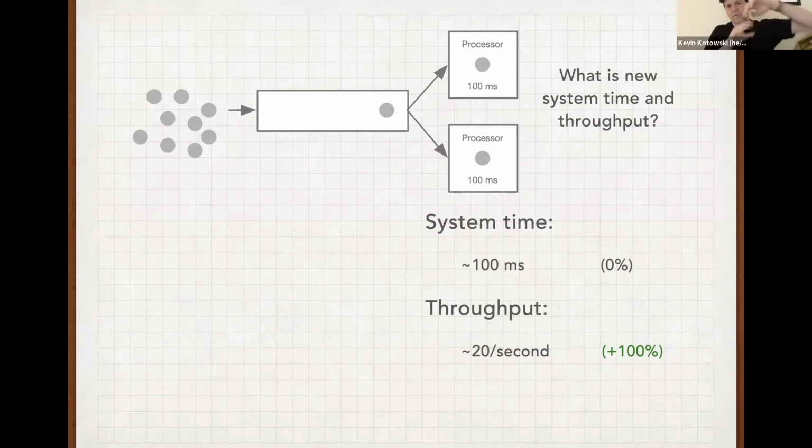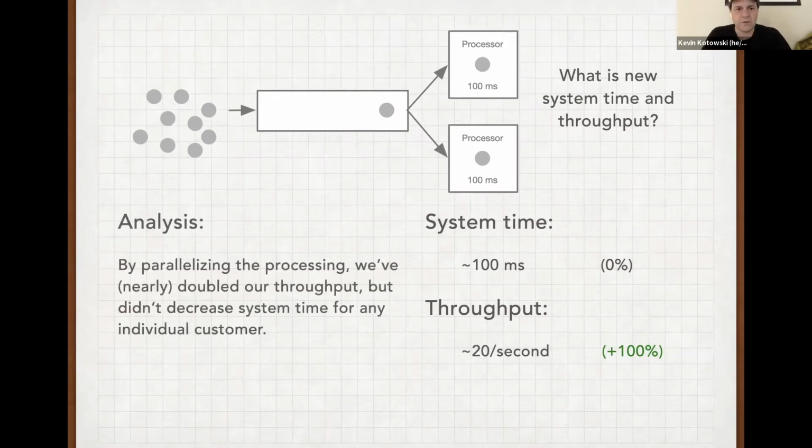And then the throughput, because we've got two processors, and we're going to say that the folks are coming in at the pace that we can support, we have a maximum throughput of 20 per second, because every 100 milliseconds, we're going to process two customers. So 1,000 milliseconds in a second, 20 per second, okay? So by parallelizing the processing, we basically doubled our throughput from that original example, and we didn't decrease the system time for any individual customer.